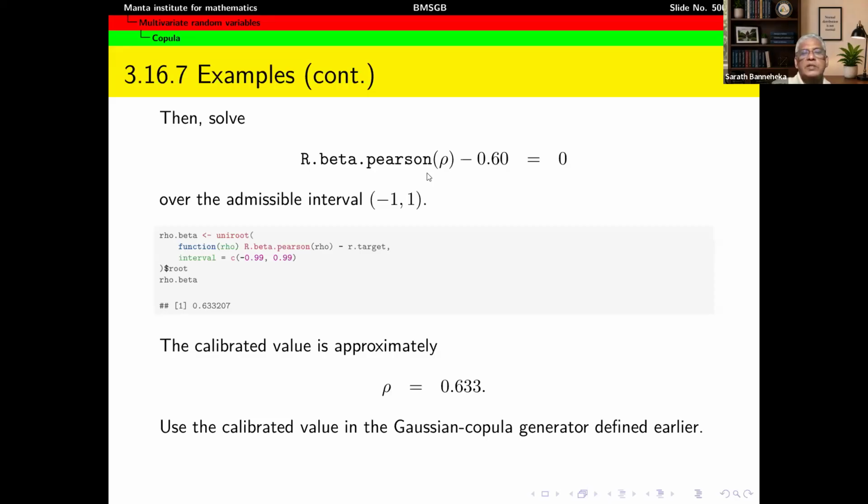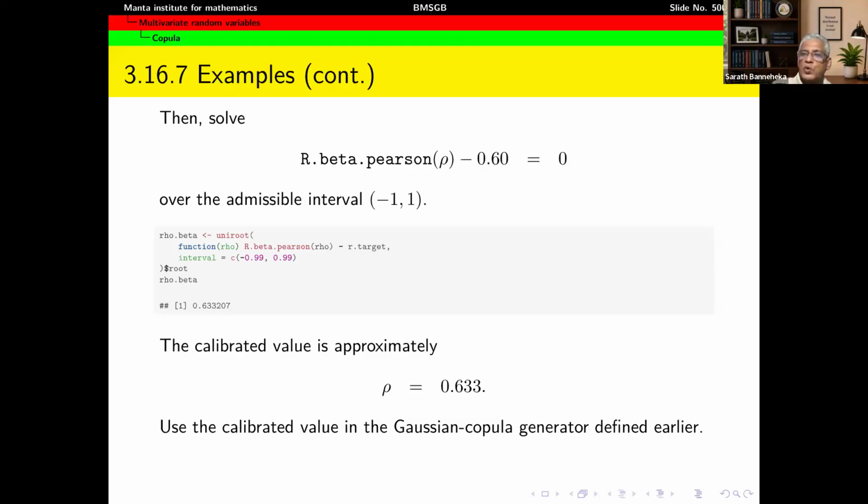So when I solve this equation for rho, I get rho equal to 0.633. Right? So you can see there's not much difference actually. What I want is the Pearson correlation between my generated data to be 0.6.